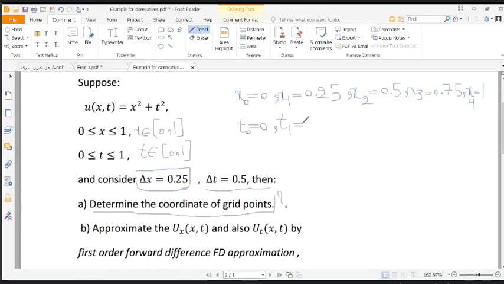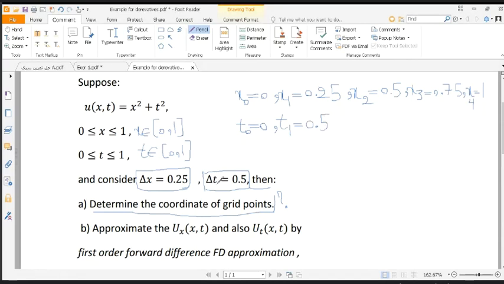Which of them? The step size for t is 0.5, and then t1 is 0.5.